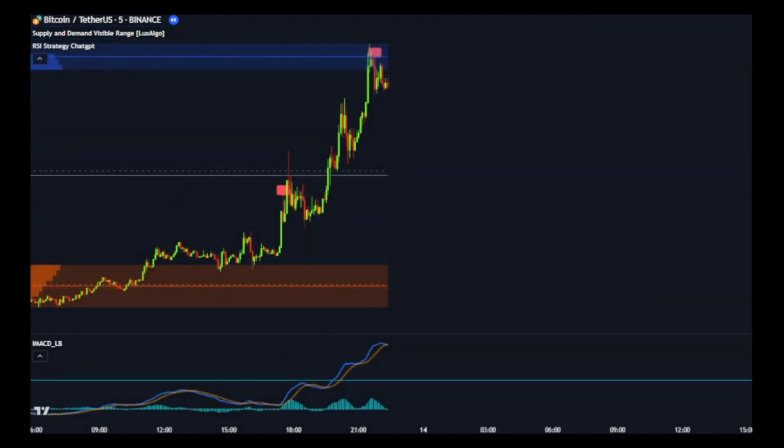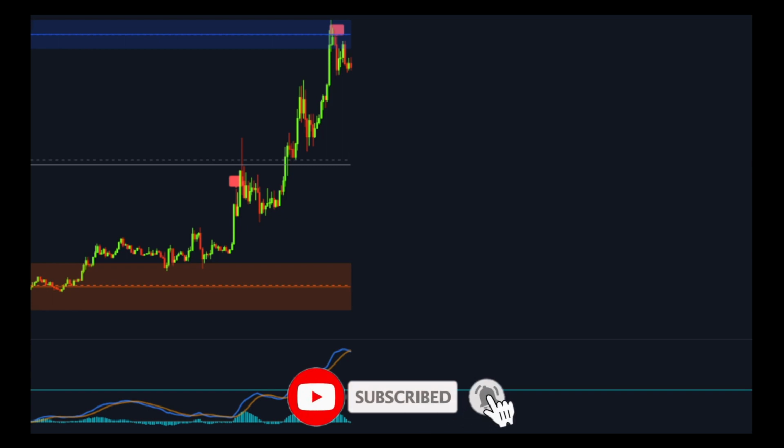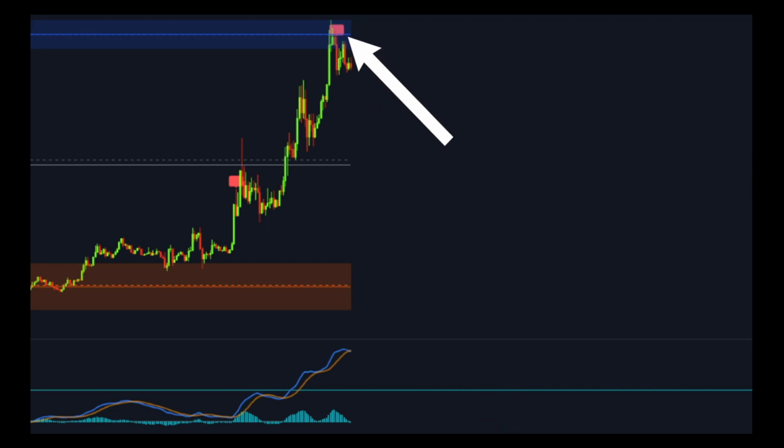Let's see the conditions to take a short trade. Now we're in Bitcoin with a 5 minutes time frame. First, we have to see that the price is in the supply or demand zone. In this case, the price is in the supply zone. So we are going to look for short trades. Second, we have the signal from the ChatGPT indicator. And third, we see that there is an Impulse MACD crossover in our overbought zone.